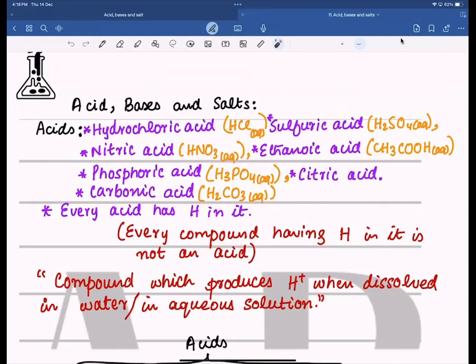No, it's an organic acid. And carbonic acid? No, all are mineral acids except ethanoic acid and citric acid.